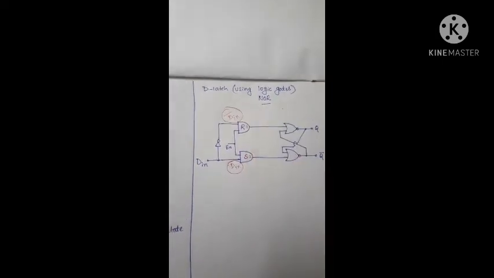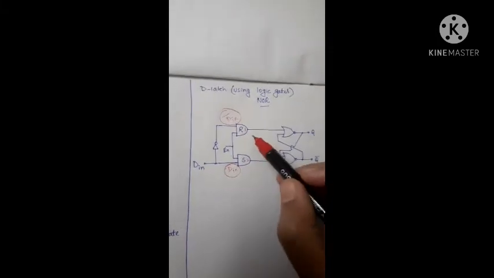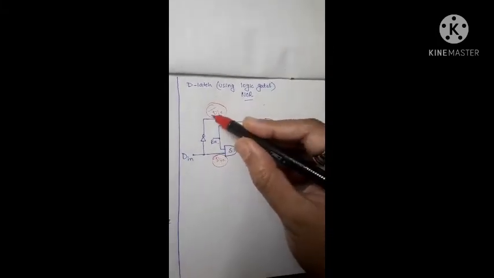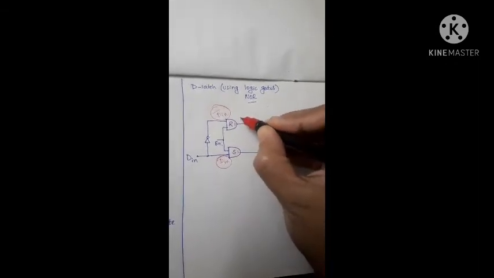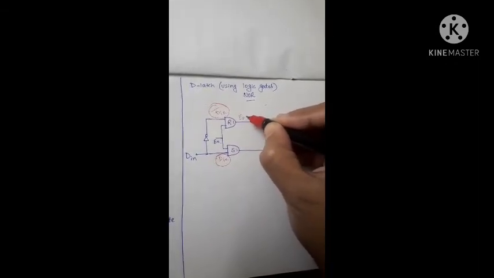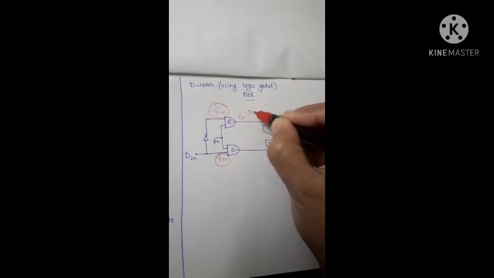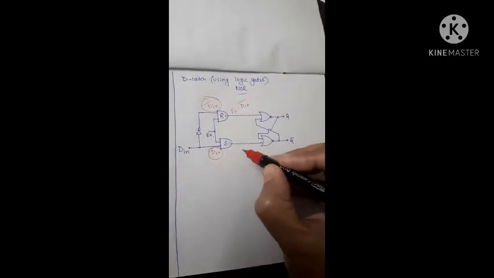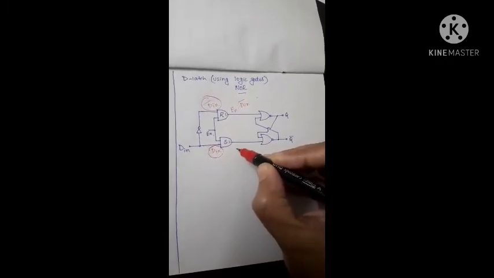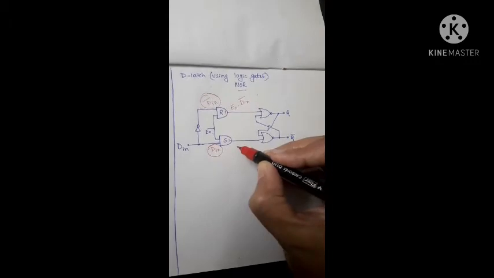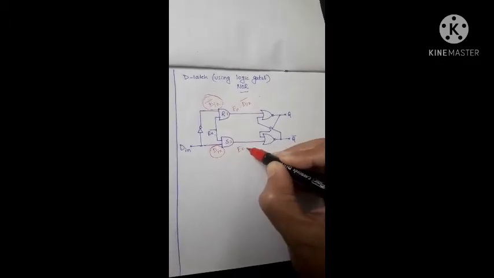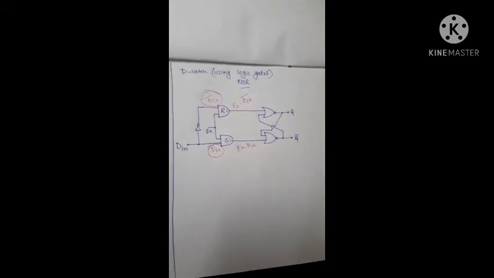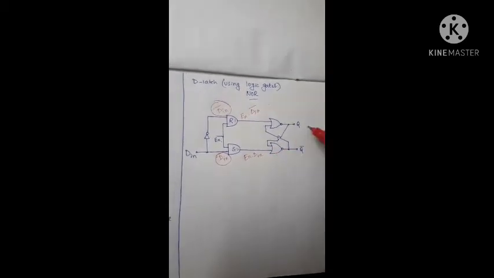So the output here will be enable dot D in bar, and the output of AND gate number 2 will be enable dot D in.